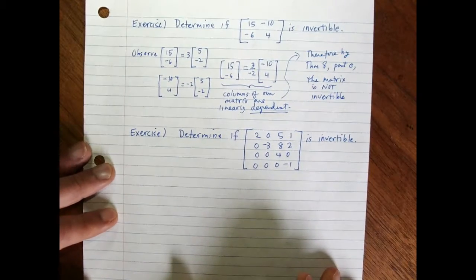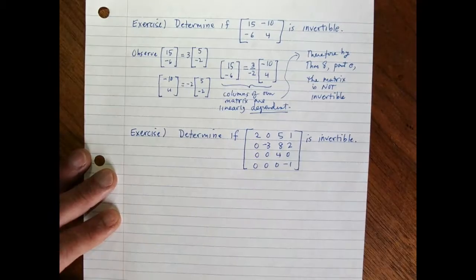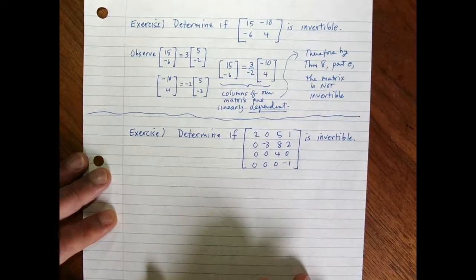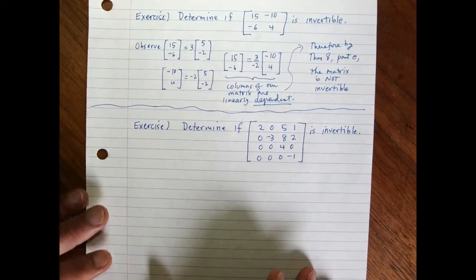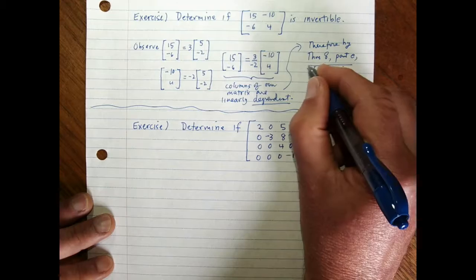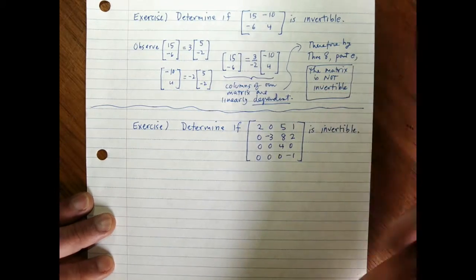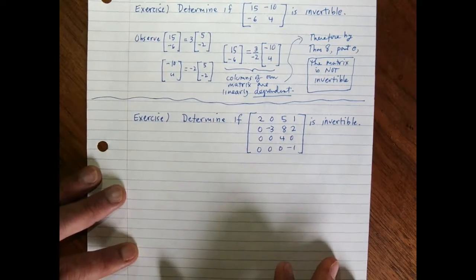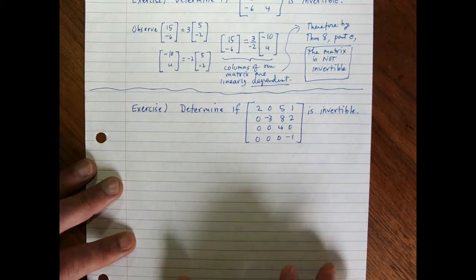Okay. And I think sometimes it's not that hard to see that dependence of columns. If it doesn't take that long, right away you know there is no inverse for the matrix.